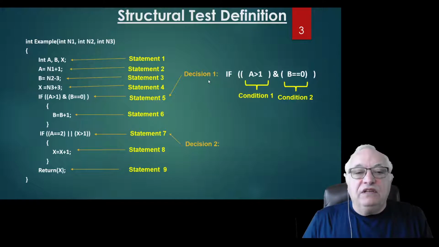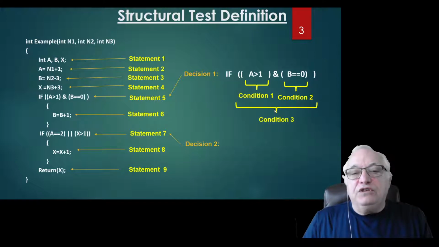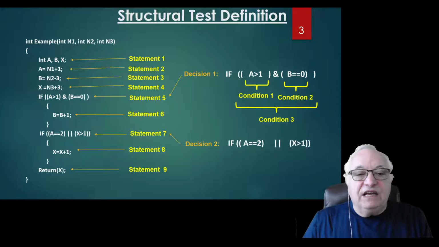And then on this decision, we have a third condition, which is made out of the outcome of condition 1 and condition 2. So let's look at the next decision.